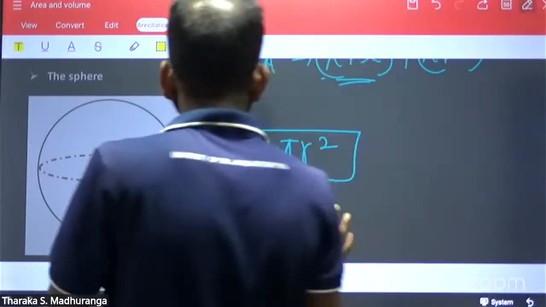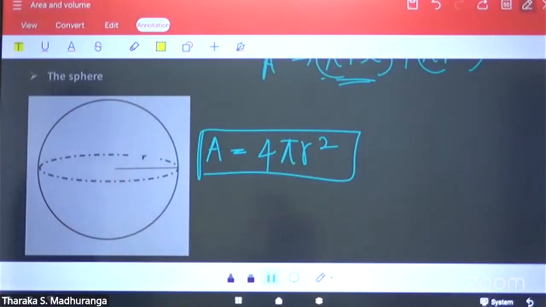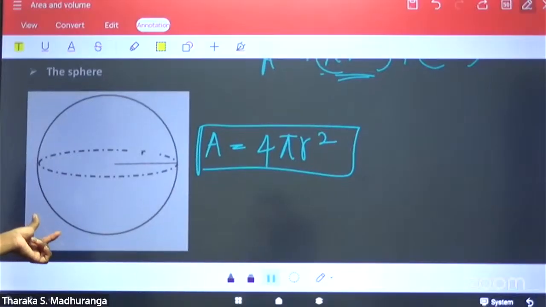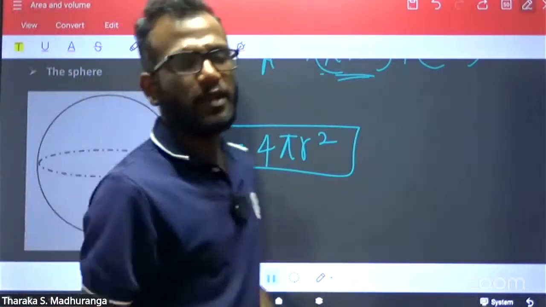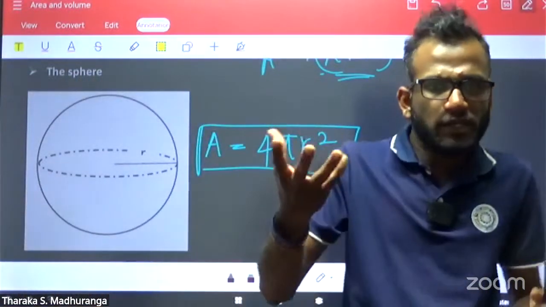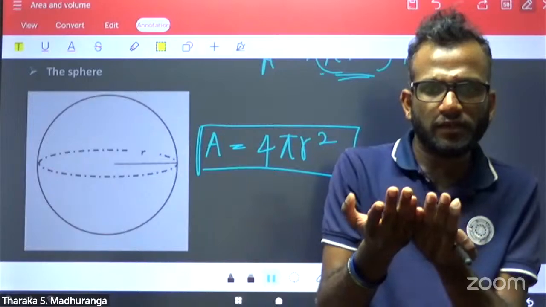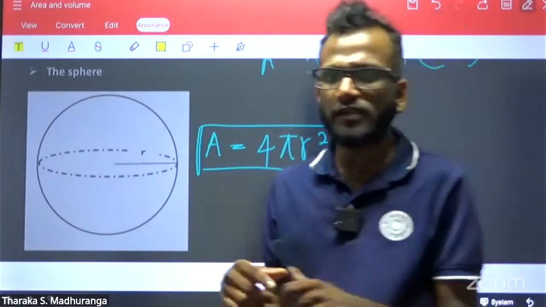For area, it is 4 pi r squared, Dinul. A sphere has only one surface. That's the main feature. One surface, and it is 4 pi r squared.